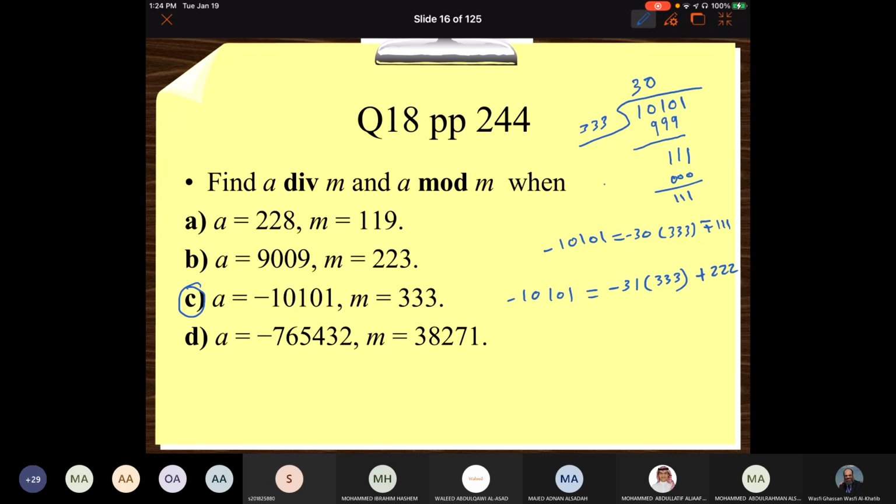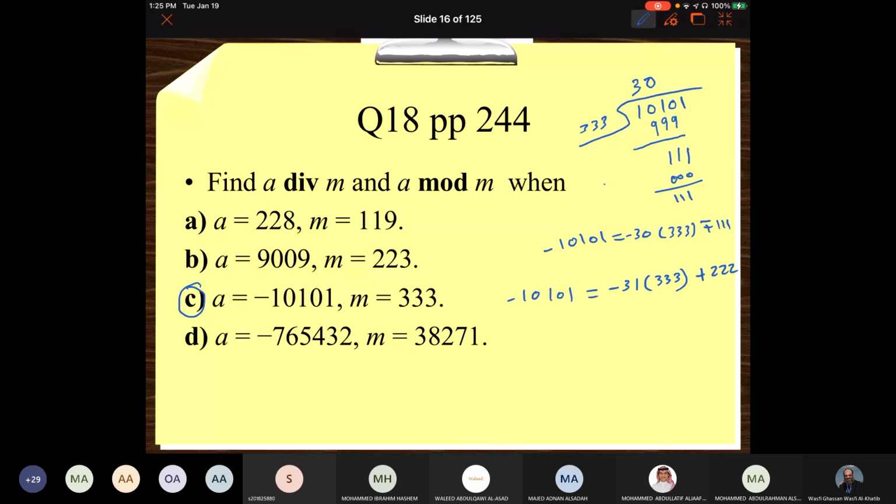So when we change the sign of the 10101, we add to 31 and we double the remainder. The remainder we just say 333 minus whatever you have.